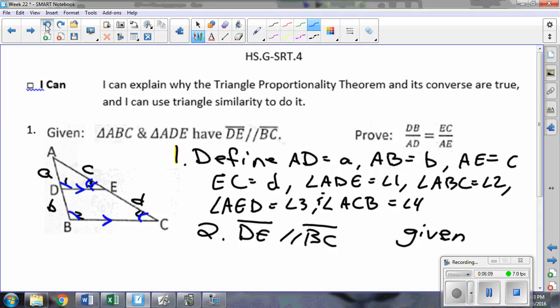So, writing out the general outline in symbolic notation, parallel lines are going to give us corresponding angles are congruent, which is going to give us similar triangles using angle-angle.